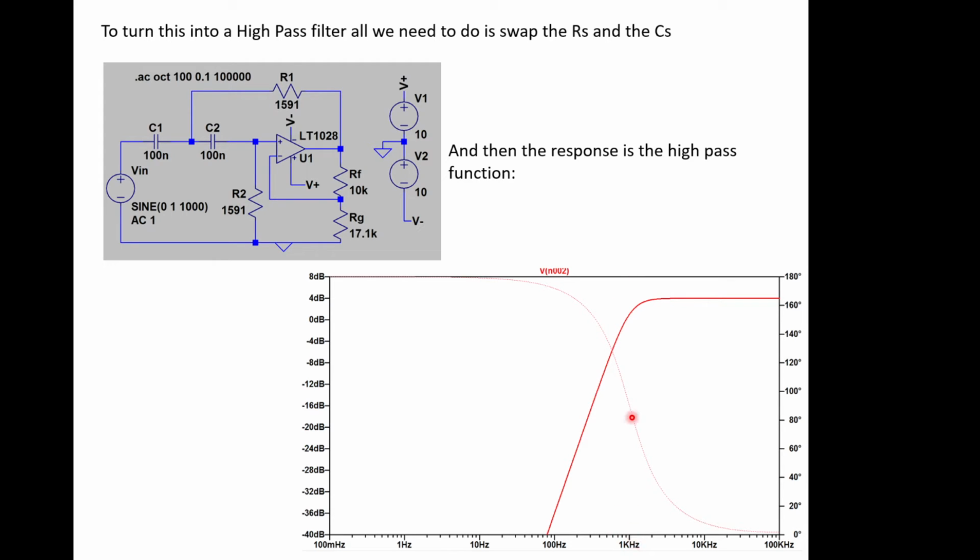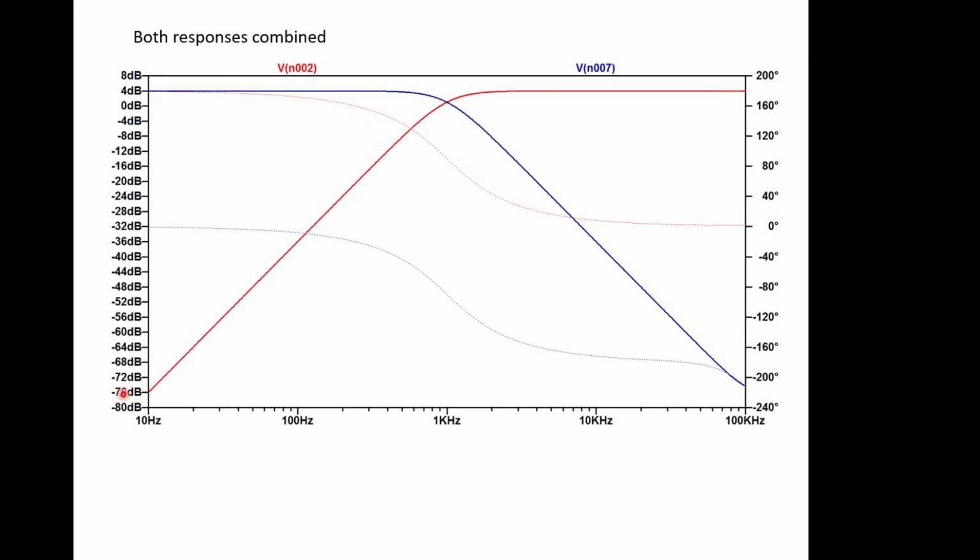And this is 1 kilohertz. Again, we're going to be 3 dBs down at 1 kilohertz, and then above that it's going to allow signals to pass through. And if we plot both responses, you can see where the mirroring comes, and at 3 dBs down is where these cross at 1 kilohertz. So everything works really nicely.